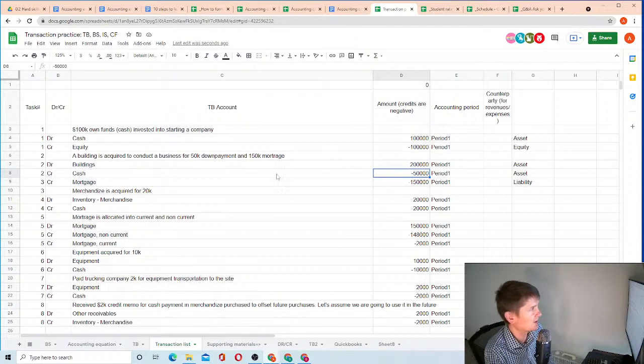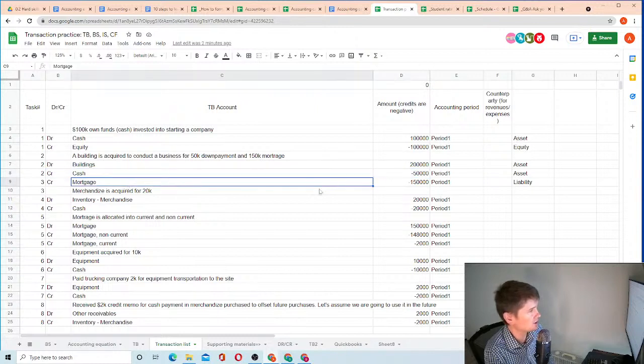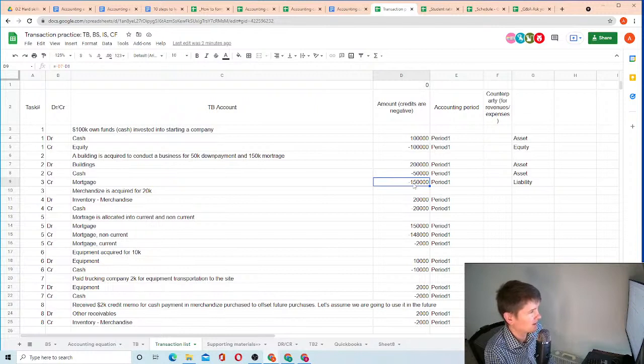So for example, if cash is minus 50,000 and we say cash decreased, and then we have a mortgage, which obviously increases our liability, and it is still with a minus, one might say that's probably a decrease in liability because it's with a minus.